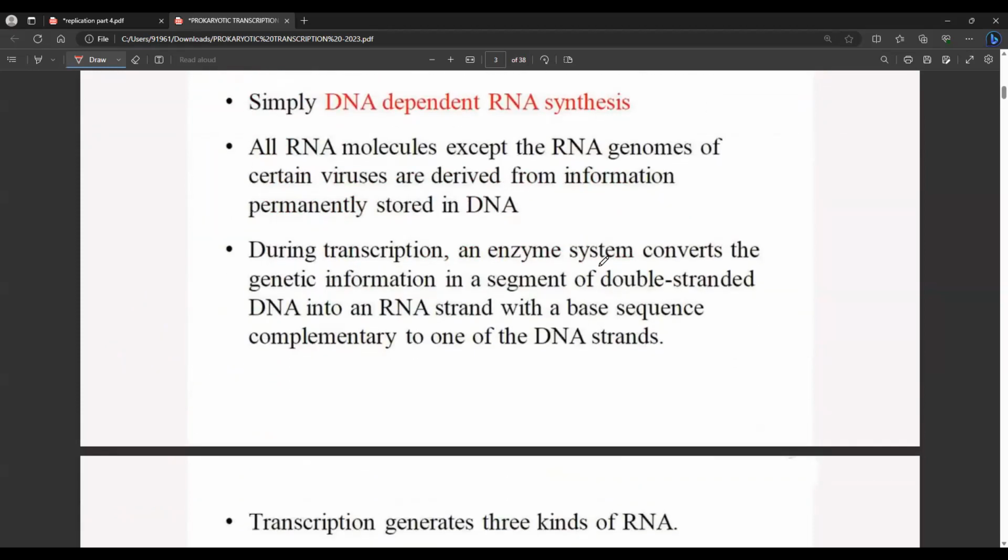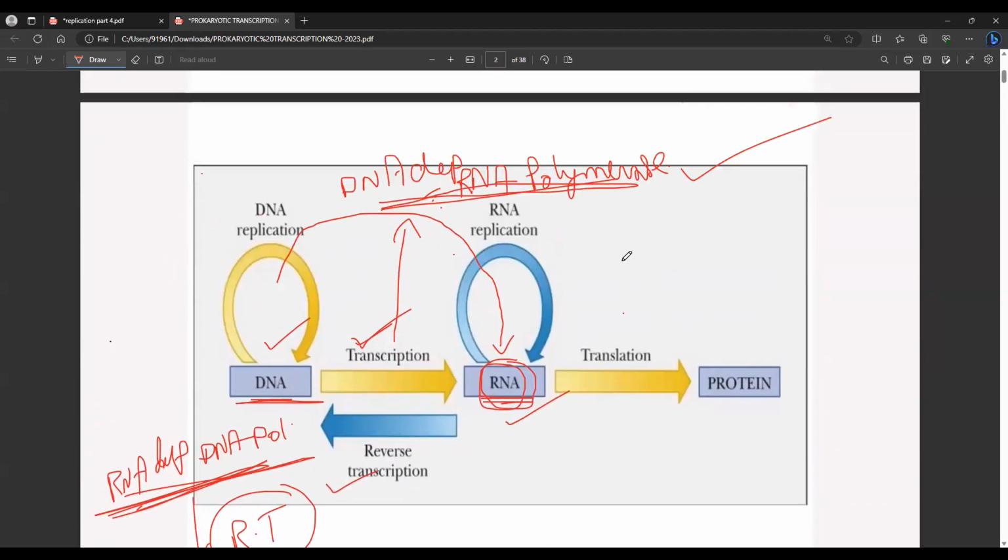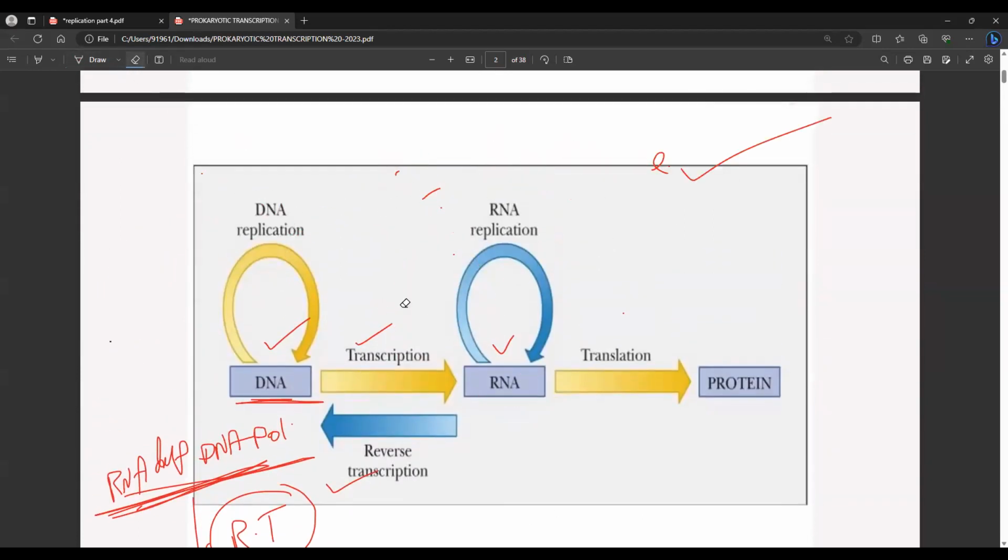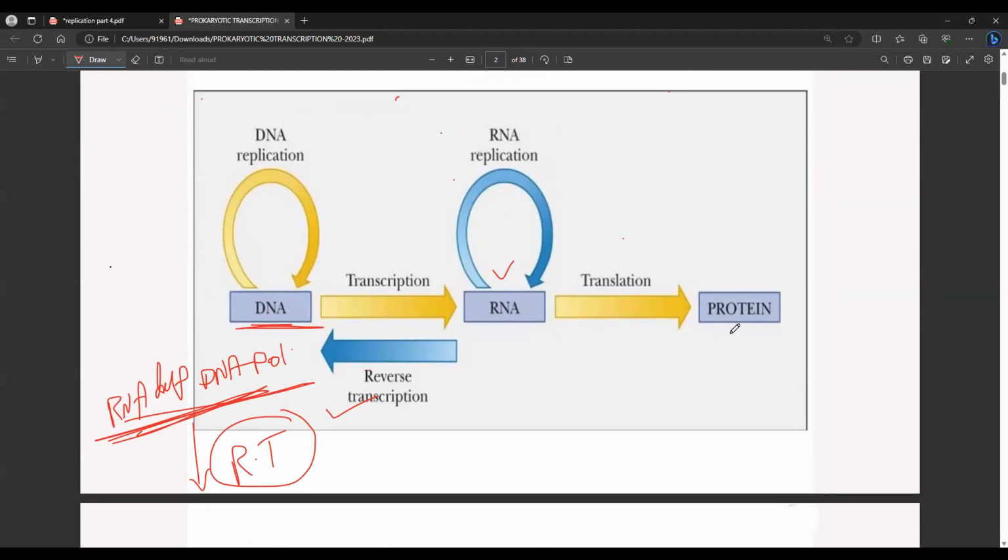Okay, now listen. Friends, again they will ask the question, in which of the following steps of the central dogma will gene expression occur at maximum? Every student remember my words.